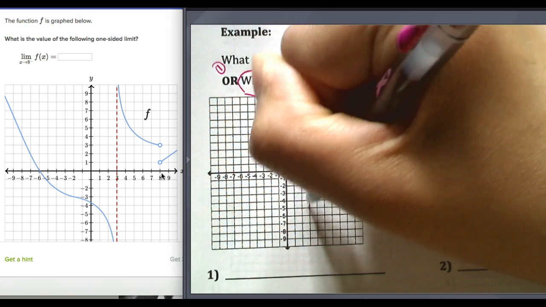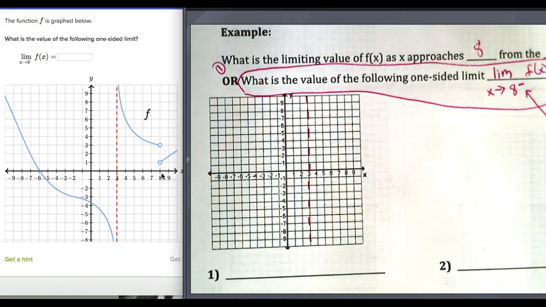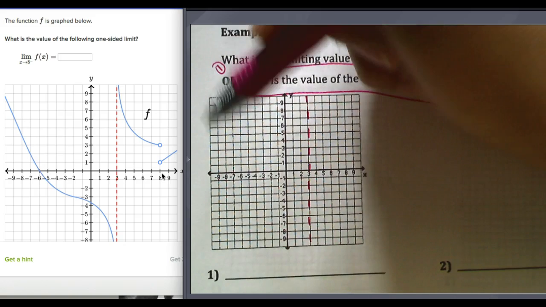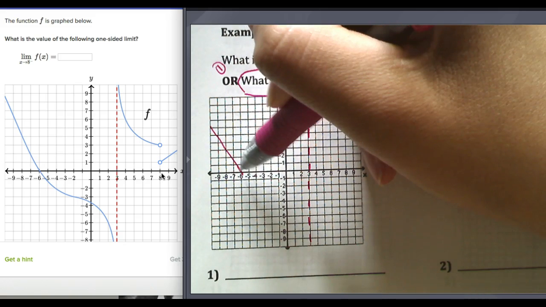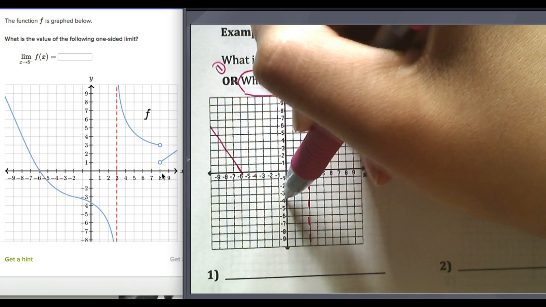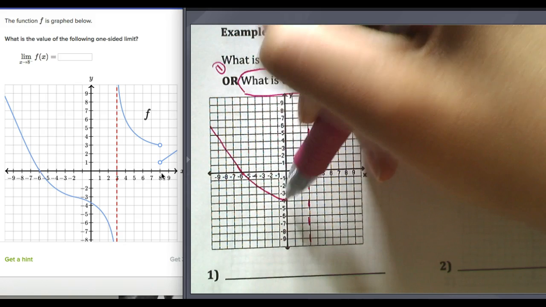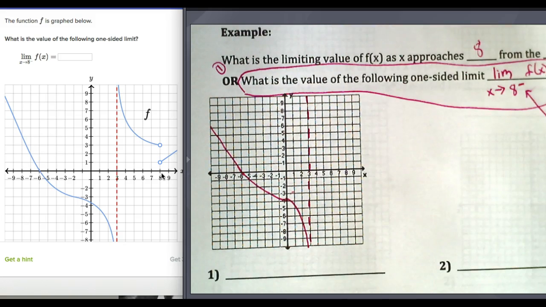So our asymptotes, here's a vertical asymptote. There is a line that goes through 6, kind of goes down between 3 and 4 right here, and it goes down to negative infinity. It looks something like that.